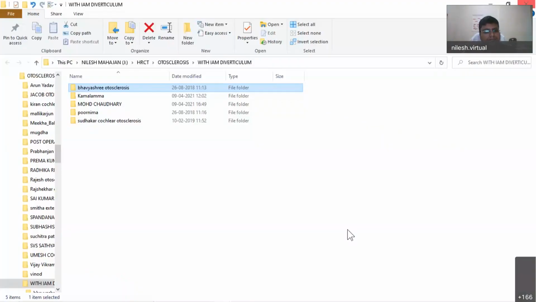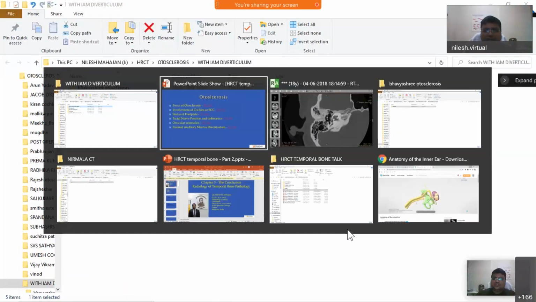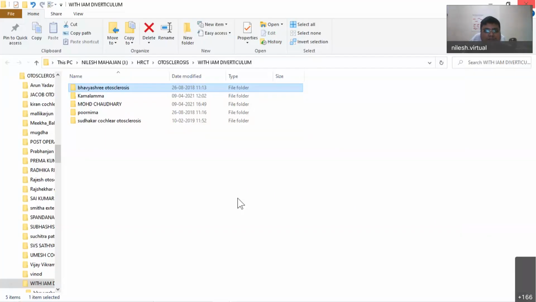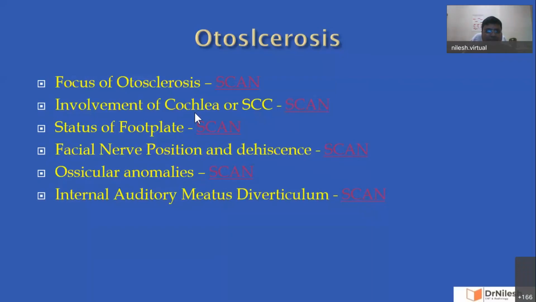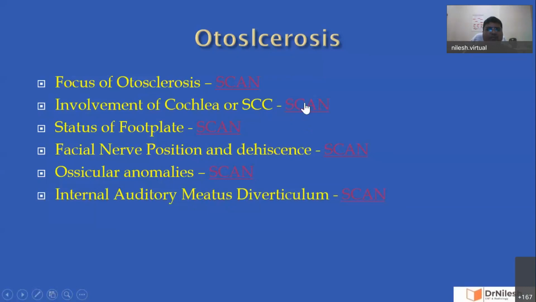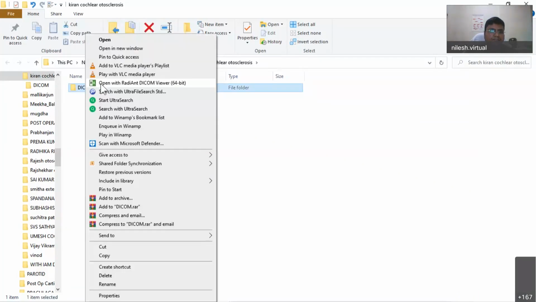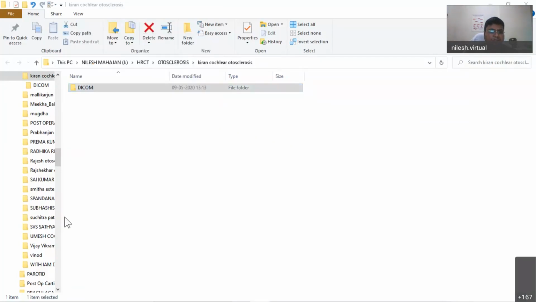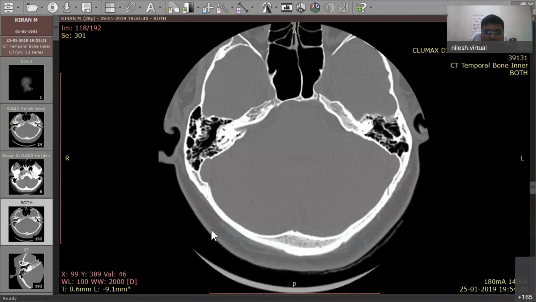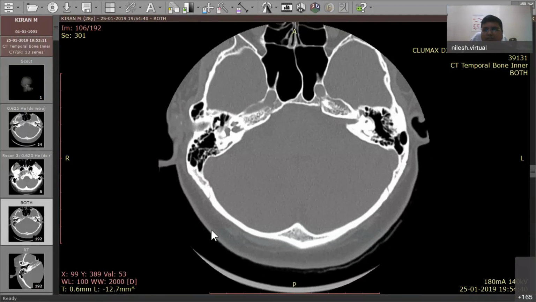So I'll show you another case where it was not there. We'll open a scan of a focus of otosclerosis again.